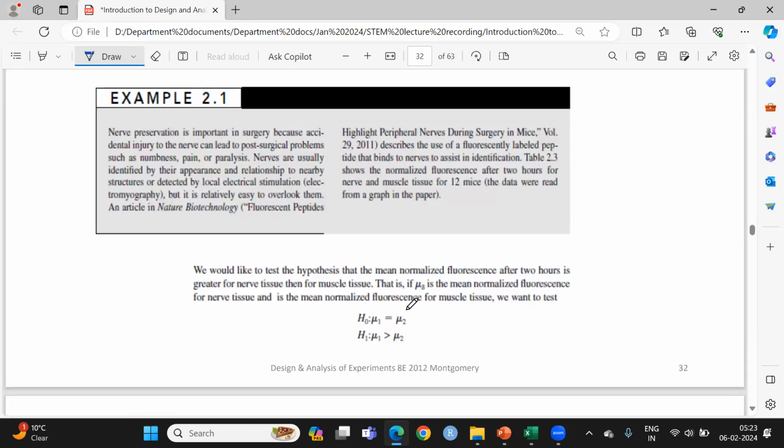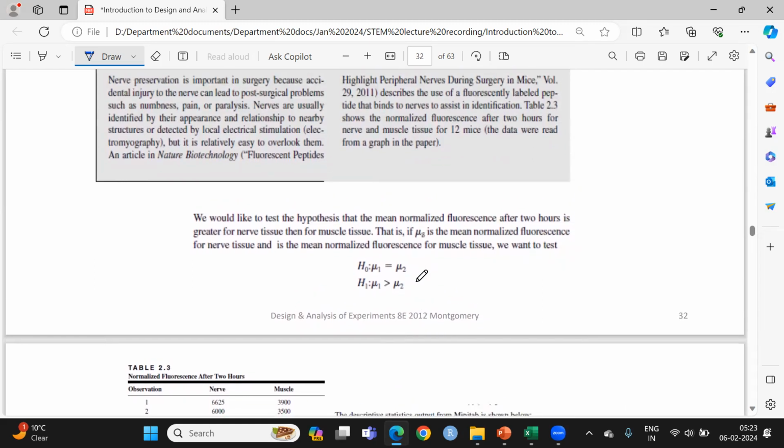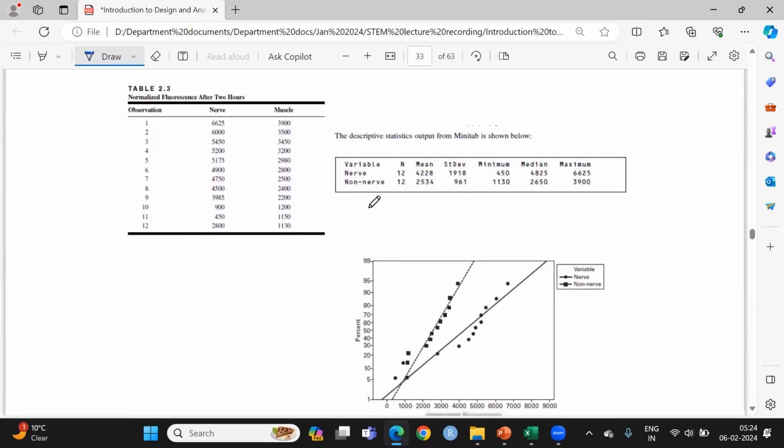So we are setting up the null hypothesis as mu1 is equal to mu2, and our objective is to see whether the normalized fluorescence after 2 hours for nerves and muscle tissue are equivalent or not.